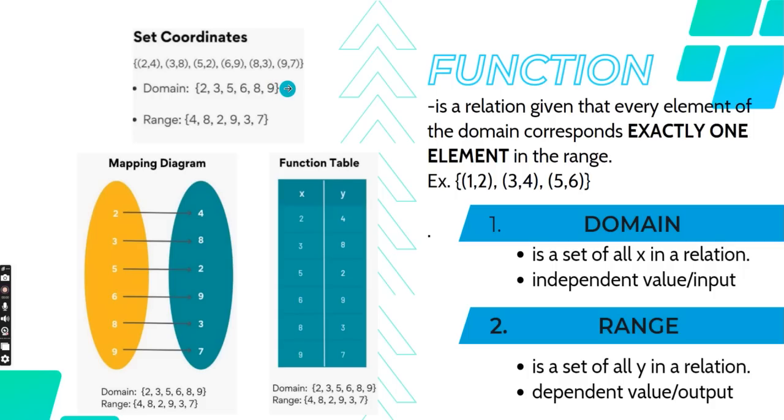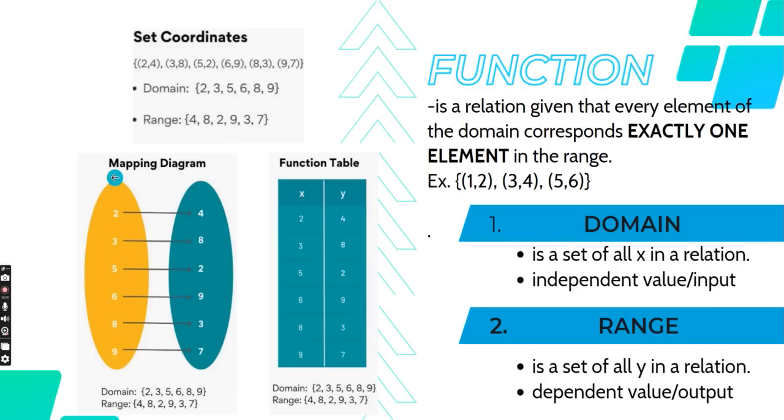As you can see, we just get all the first coordinates or the x values, and that would be our domain. While in range, 4, 8, 2, 9, 3, 7 are the set of all y values.